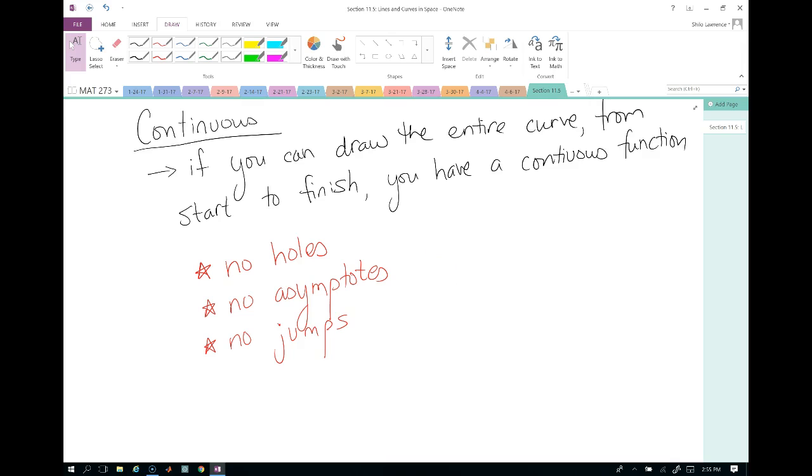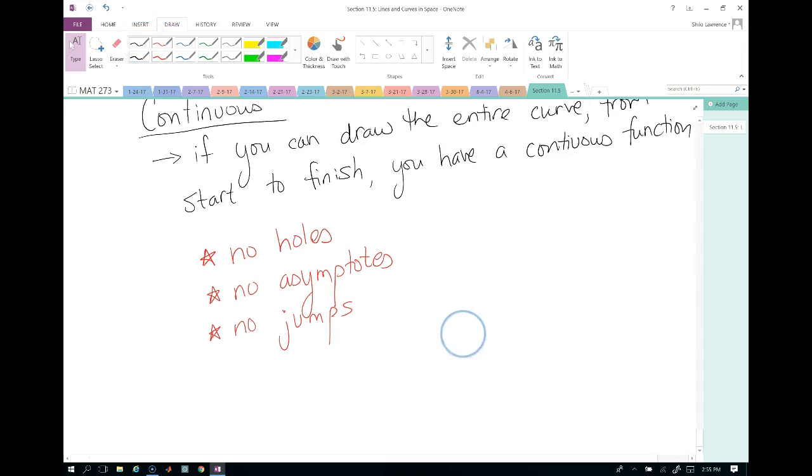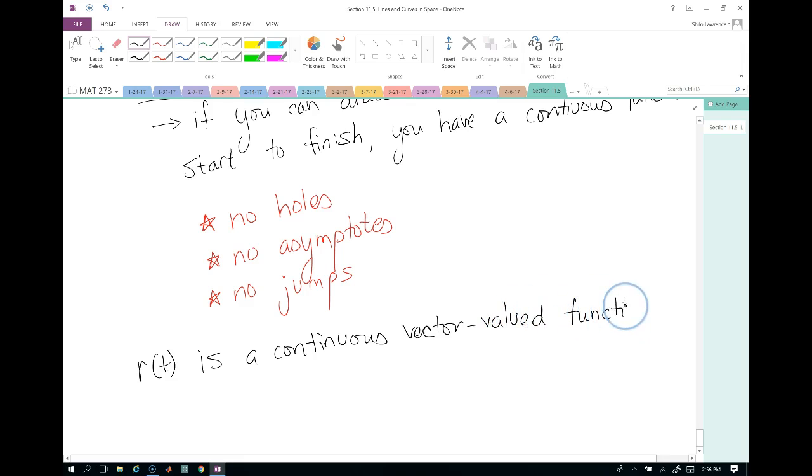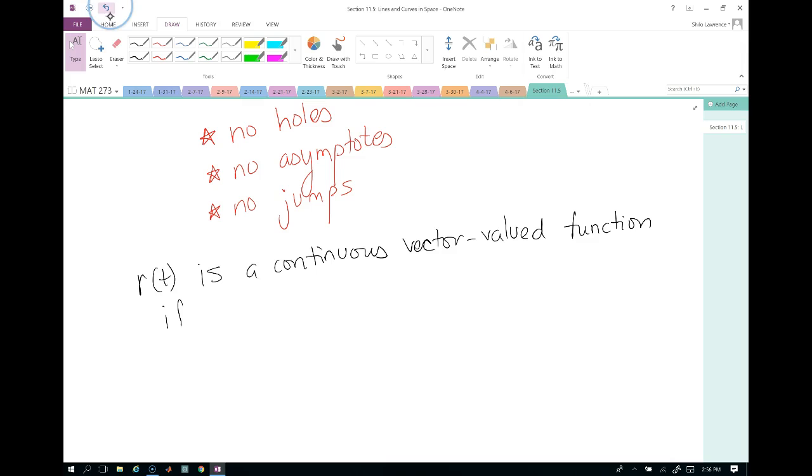So there's a way for us to decide if our graph is continuous just based on limits. r of t is a continuous vector-valued function, and its curve is also continuous, let's just say at t equals a, if three things are true.